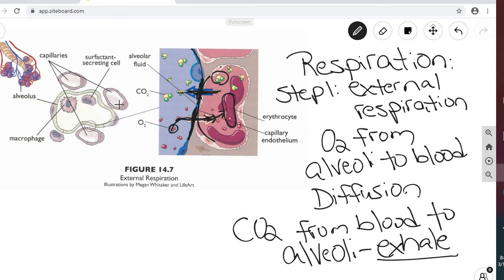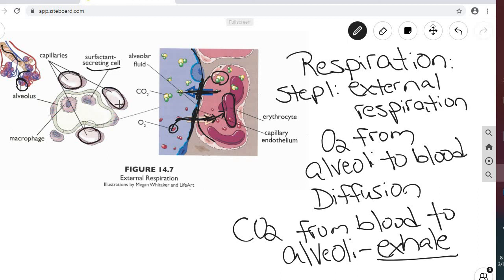This figure is showing you the bronchial tube, which keeps branching, and all these things here are the alveoli. They've just taken one and blown it up here. Notice there are cells that secrete surfactant within the alveoli, and also that the alveoli are surrounded by capillaries.